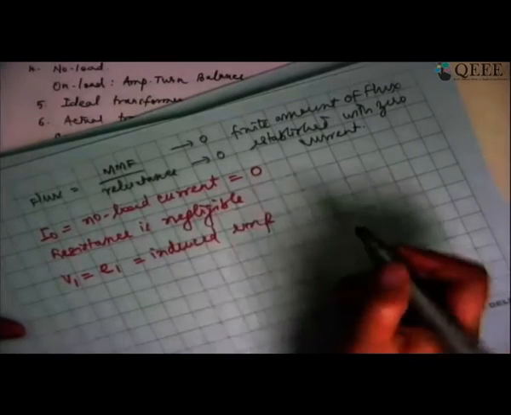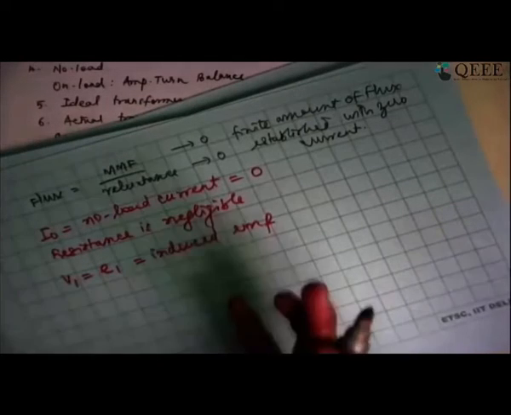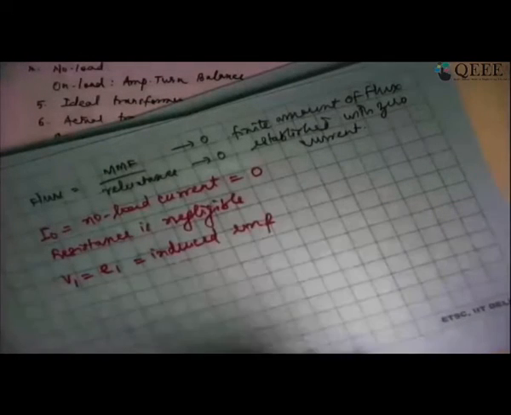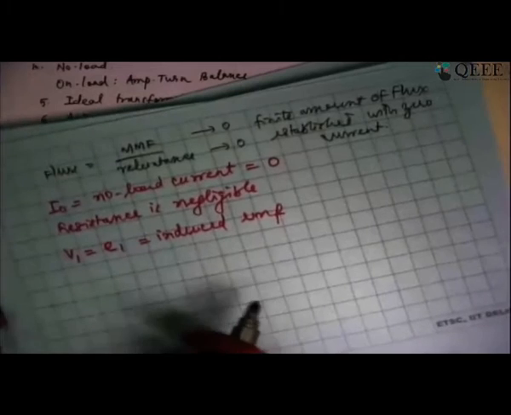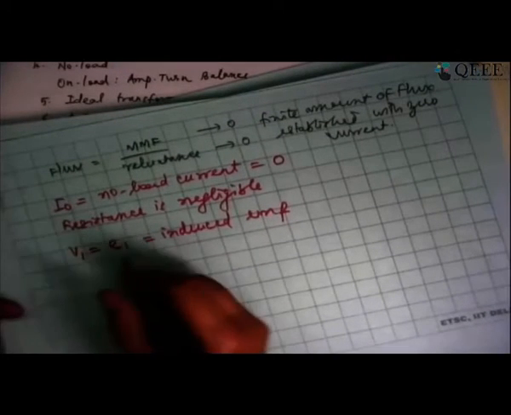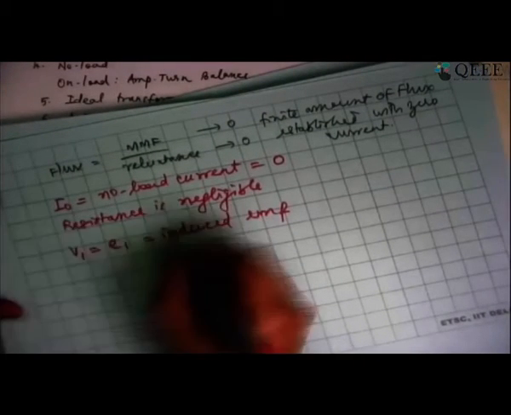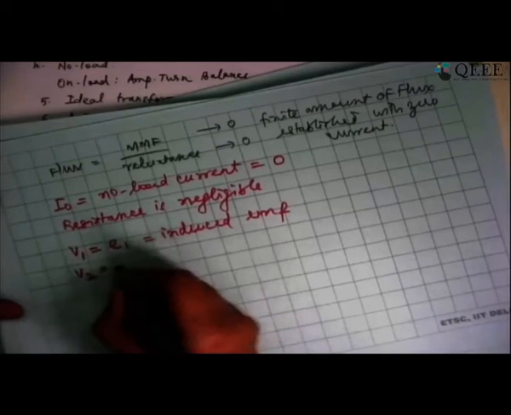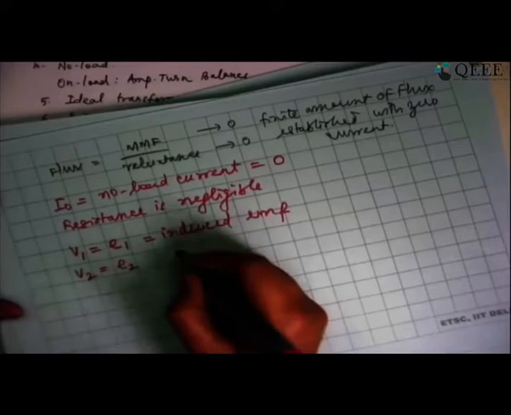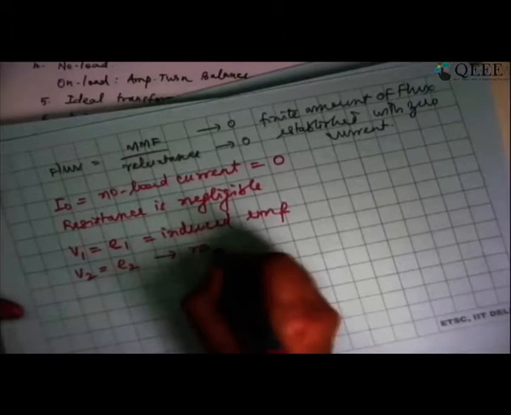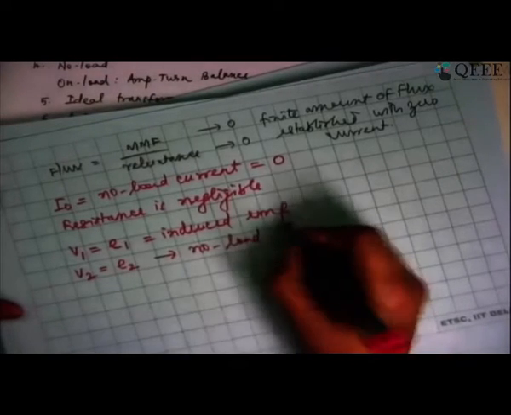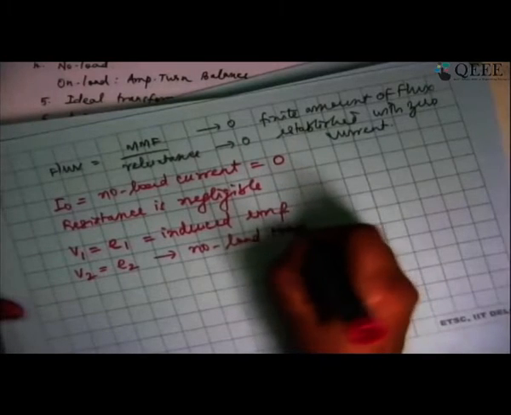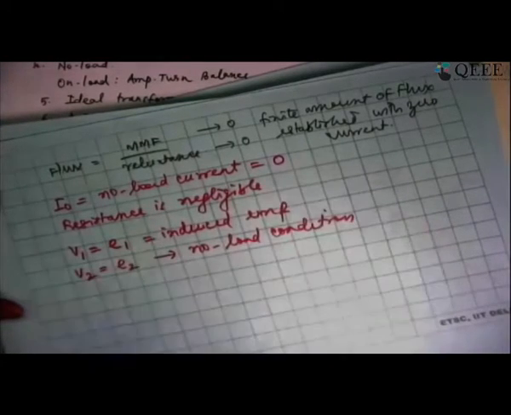The applied voltage and induced EMF exactly balance each other because the resistance drop is negligible. And V2, the terminal voltage on the secondary, will be equal to E2. Of course, this is true in the no load condition anyway, because there is no current on the secondary side.